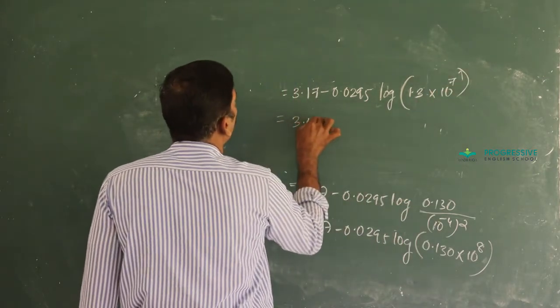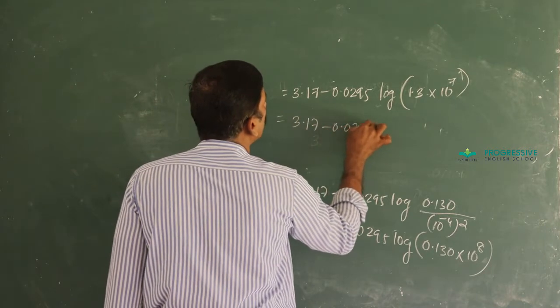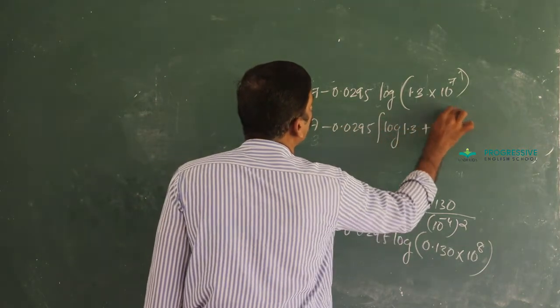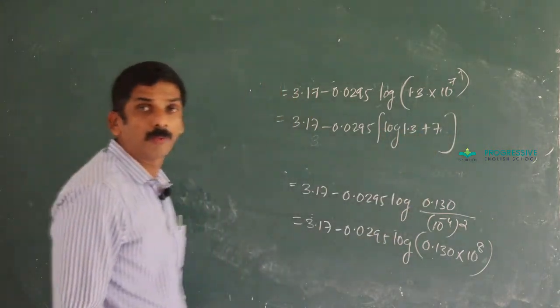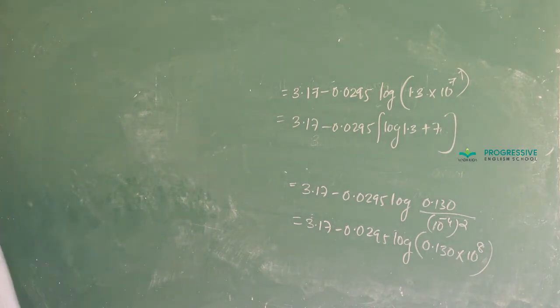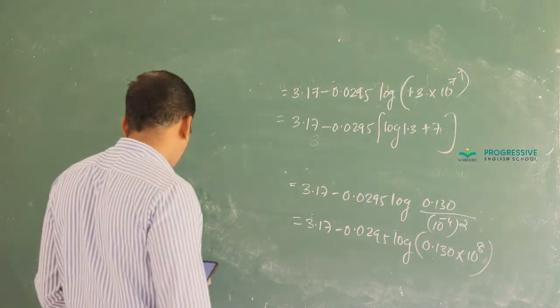That is 3.17 minus 0.0295 log of 1.3 plus 7. That is 7 plus log 1.3. Log 10 raised to 7 means 7.